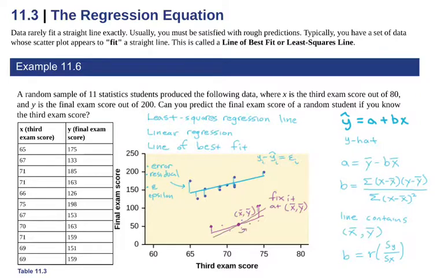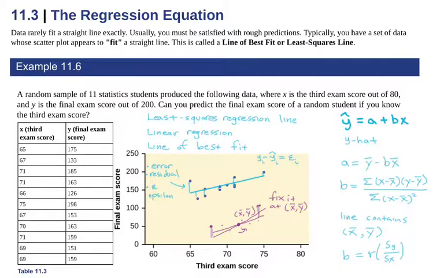So, for example, if I were to rotate this counterclockwise, again, it's fixed at the mean, but if I were to turn it, notice that this residual here will actually get smaller. So that gets more accurate there. However, the other residual back here, that one is going to get larger. So the goal is to teeter-totter this line here.